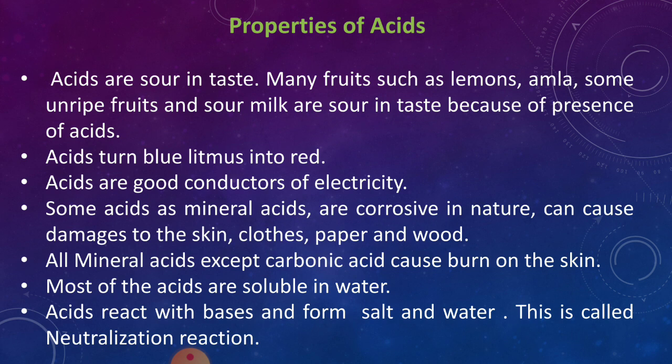So how will we identify them? Just for their identification we use indicators. Litmus is an indicator that we get from lichens. It comes in two color forms, blue litmus and red litmus. Acids turn blue litmus paper into red.